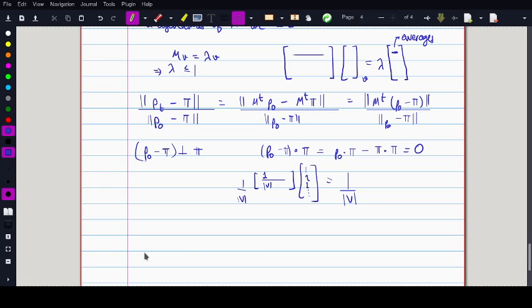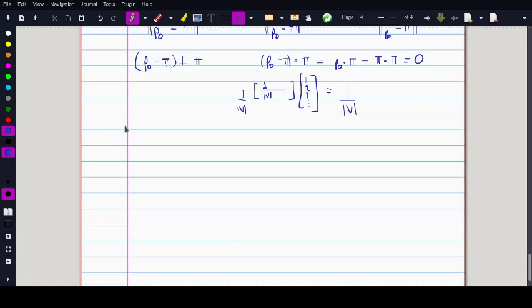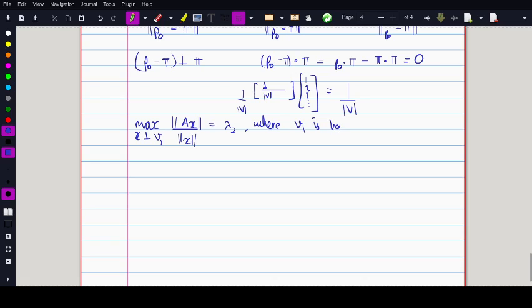So we use the familiar theorem of linear algebra, which states that the maximum over all x such that x is perpendicular to v1 of norm of Ax by norm of x is equal to λ2, where v1 is the largest eigenvector.